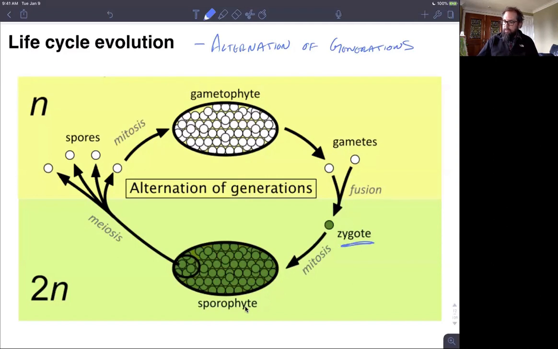And so the life cycle of plants alternates between a haploid generation, which will often be depicted as 1N or N, and a diploid generation, which will often be depicted as 2N.